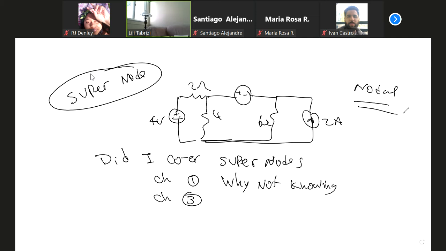Alejandro, have you studied nodal? Yes. Okay. What do I do in nodal? This is a circuit. Give me the nodal equation. How do you write a nodal equation? Let me put 10 volt here.